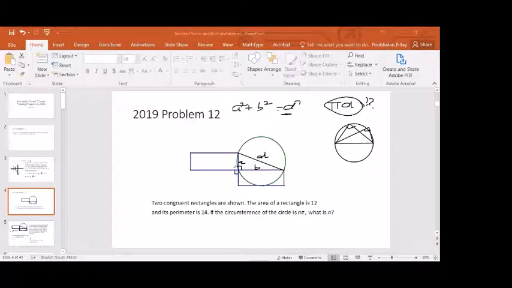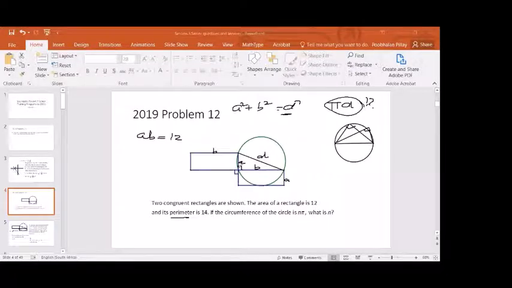Now let's see, what do we know about this A and B? They are congruent rectangles, so this has to be B, and this has to be A here. We are given that the area of this rectangle is 12. The sides are A and B, so the area is length times breadth, which equals 12, A times B. But we also know that the perimeter is 14.